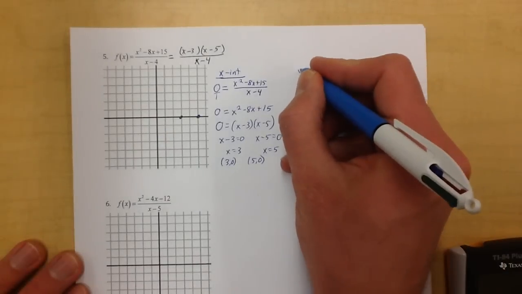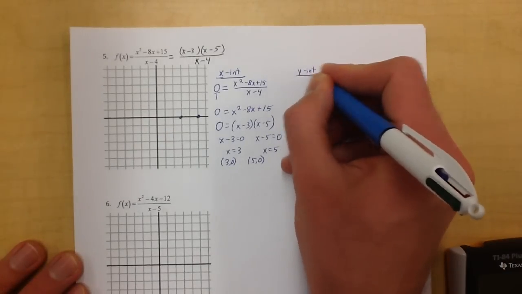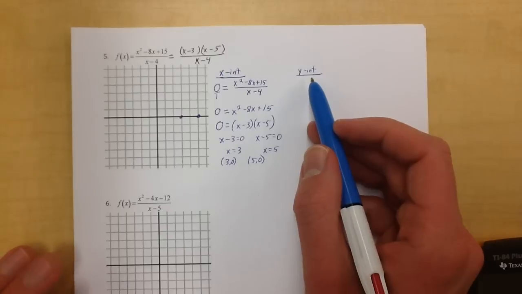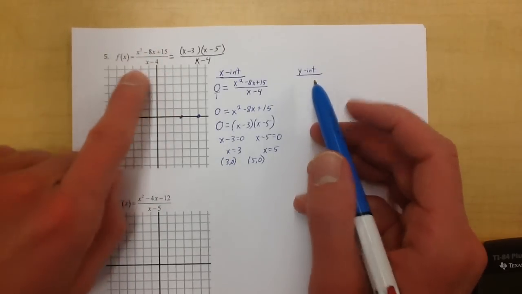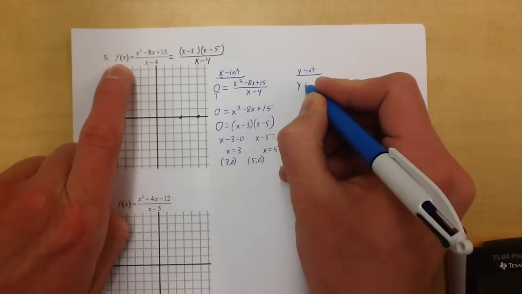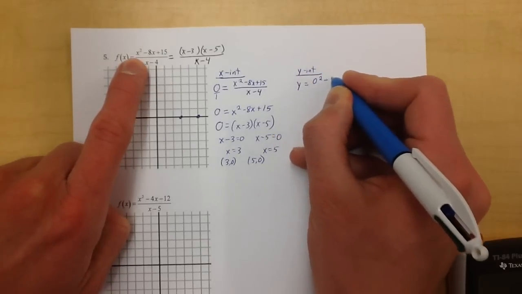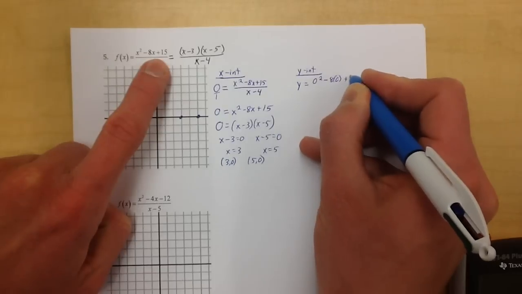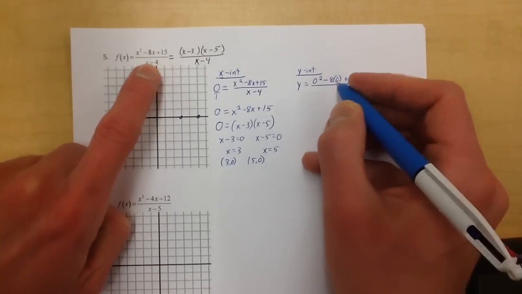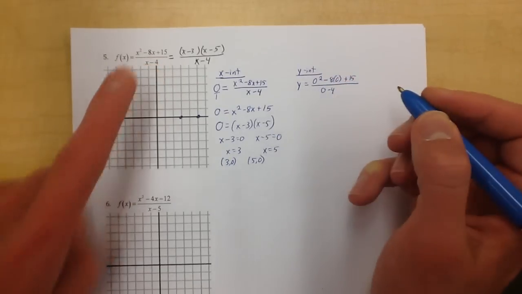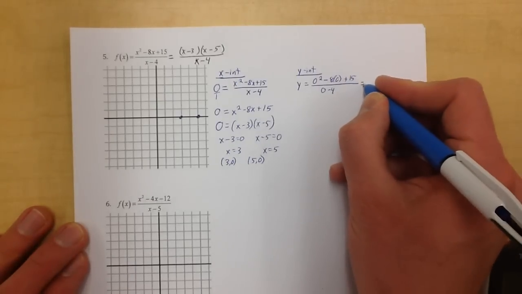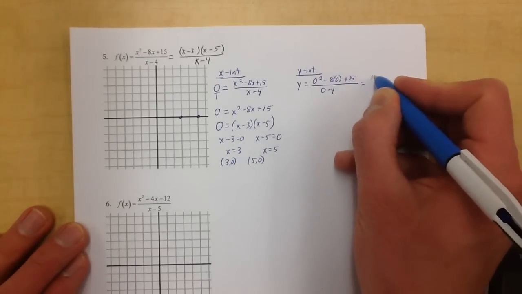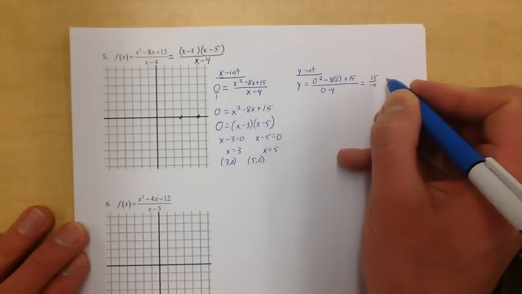Let's find the y-intercept. The y-intercept is easier. It is where x is 0. So we're going to take this same equation and go y equals 0 squared minus 8 times 0 plus 15 all divided by 0 minus 4. This actually ends up being really neat and nice. 15 over negative 4.